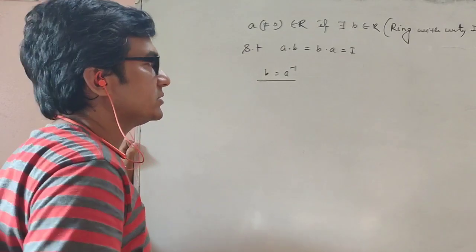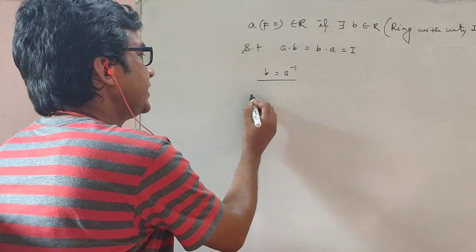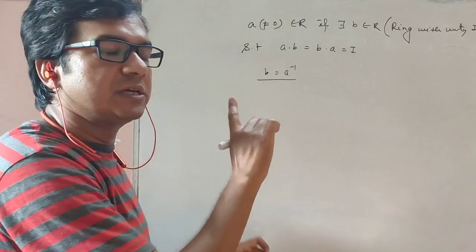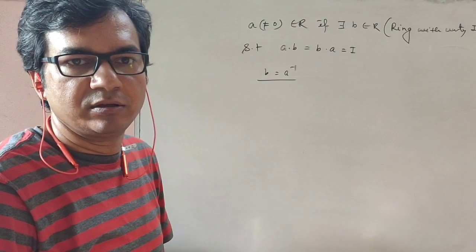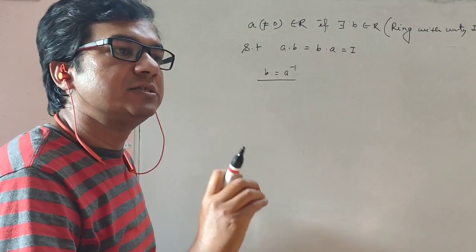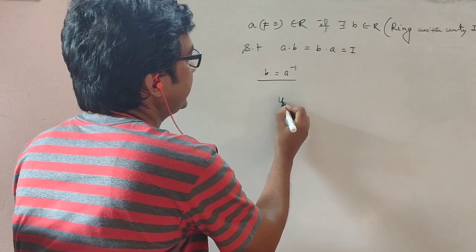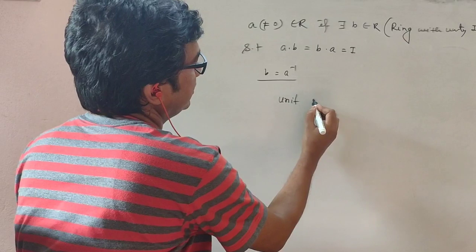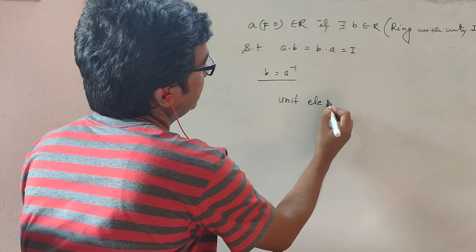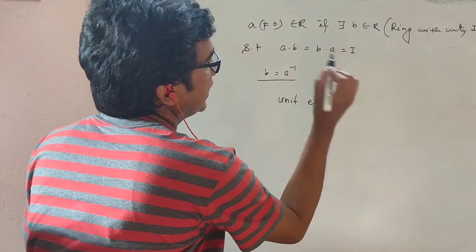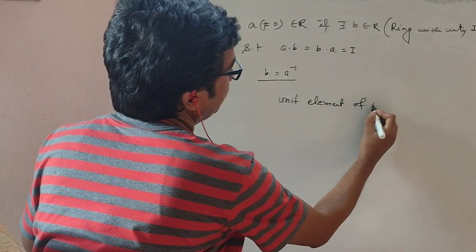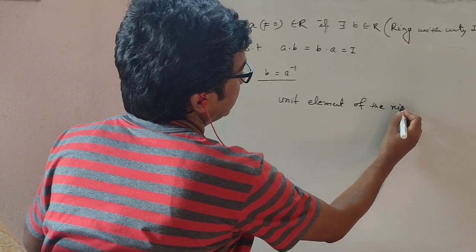That is, if in a ring a non-zero element is invertible, then this element is called a unit element of the ring.